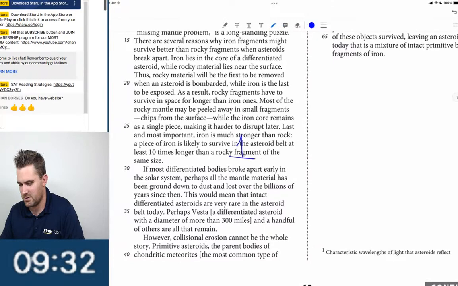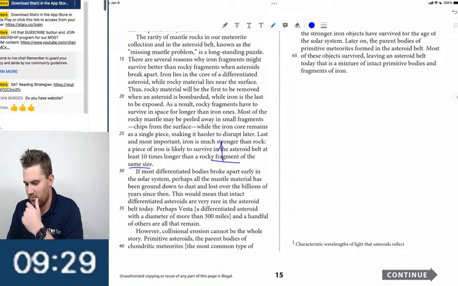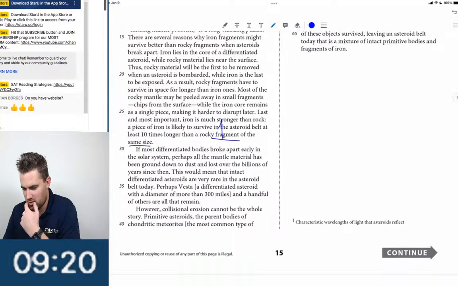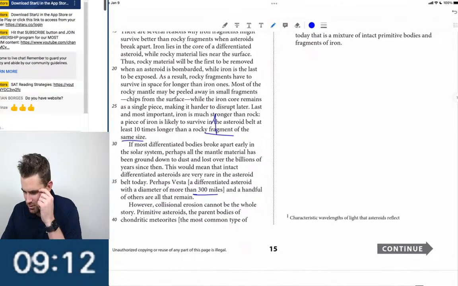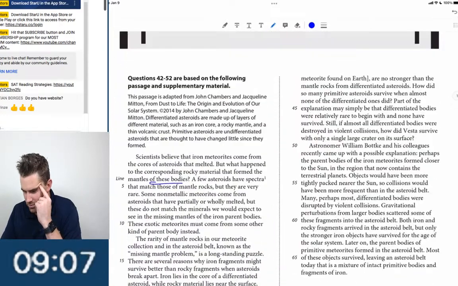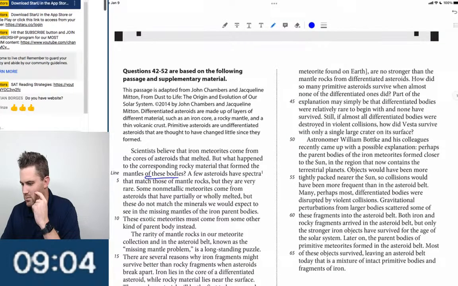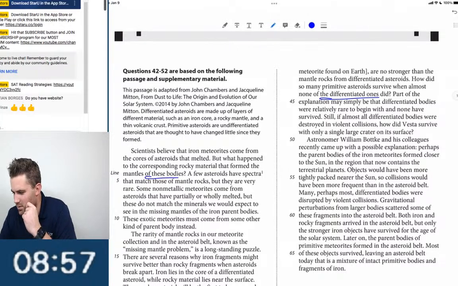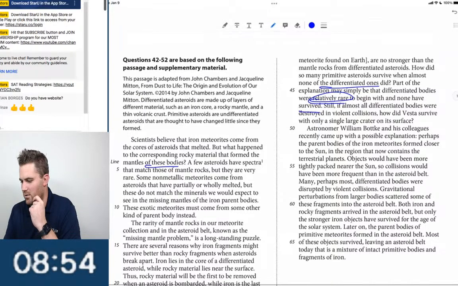Okay, so rock fragment, now I hopefully have enough juice in my relatively rare, none have survived, so that's just statistical evidence for differentiated.